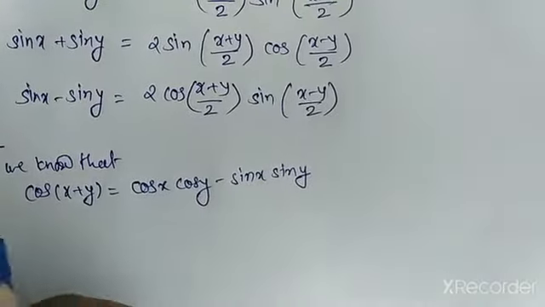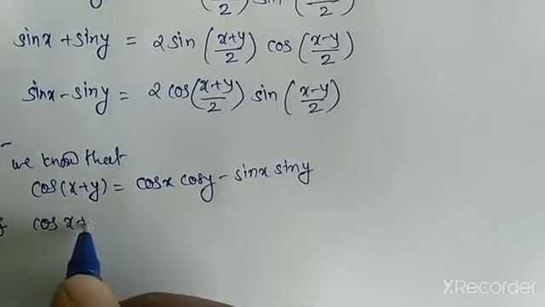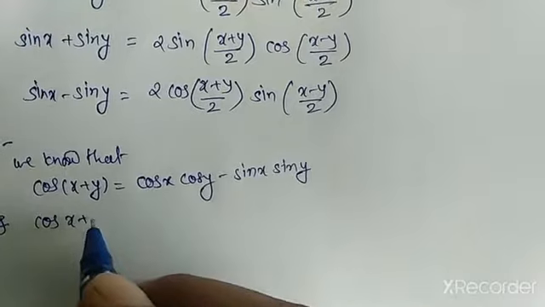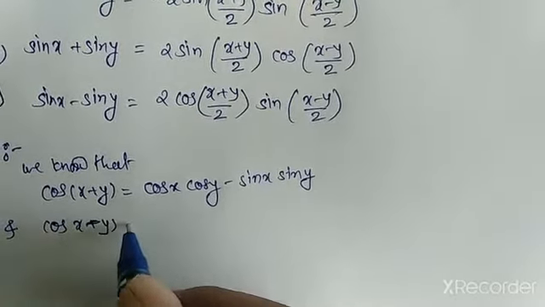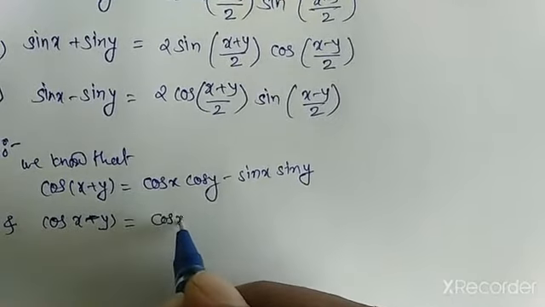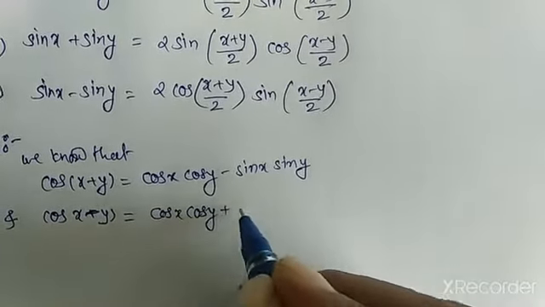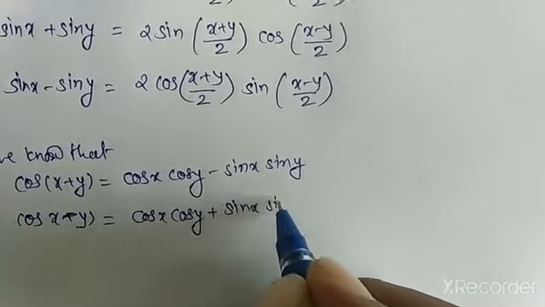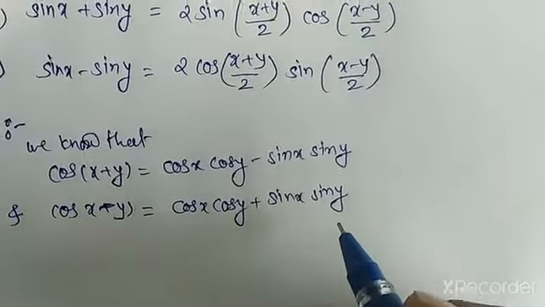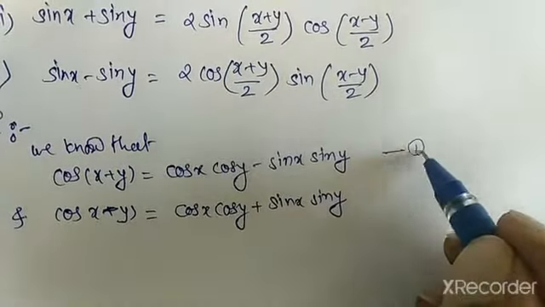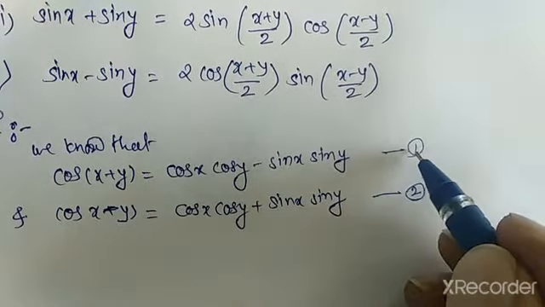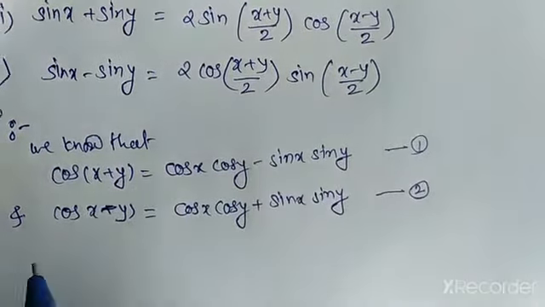And cos (x minus y) is equal to cos x cos y plus sin x sin y. These are the two formulas which I have studied in our previous lectures. Let it be equation 1 and equation 2.